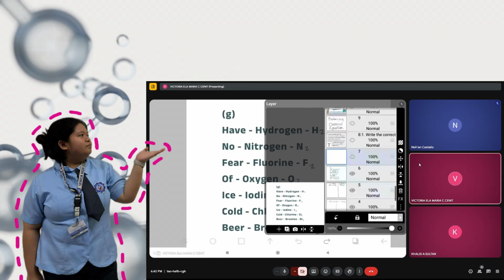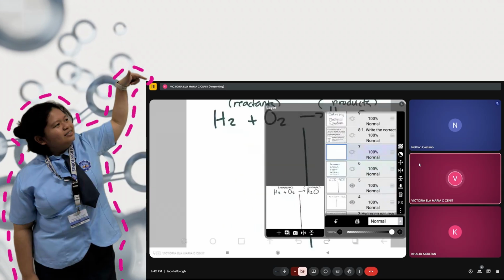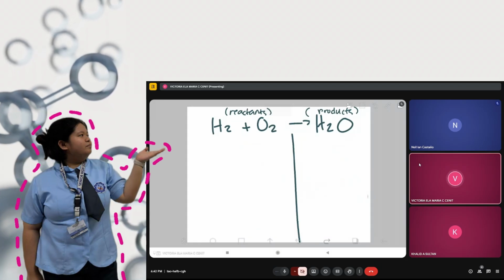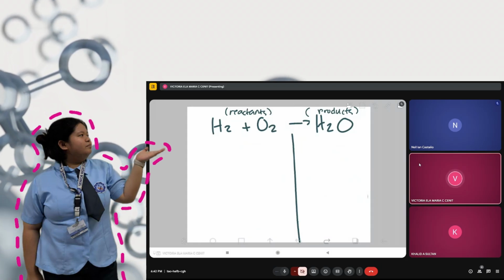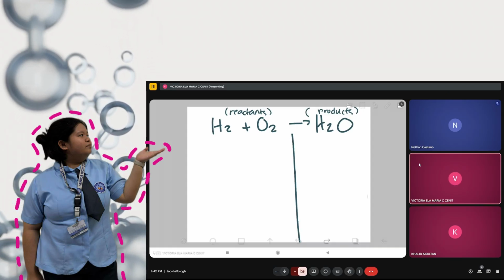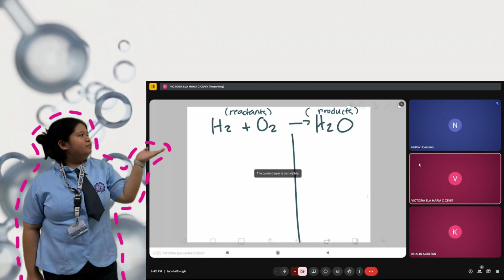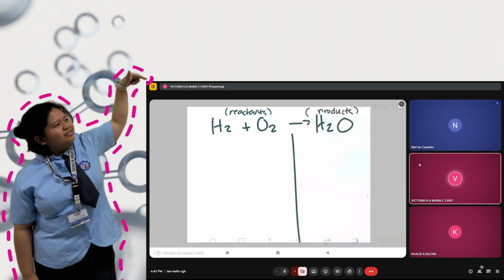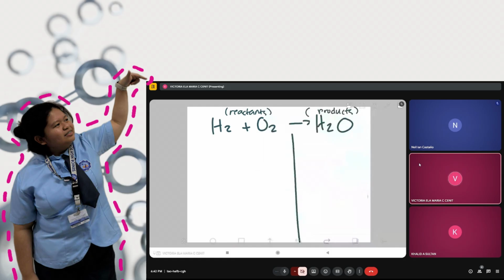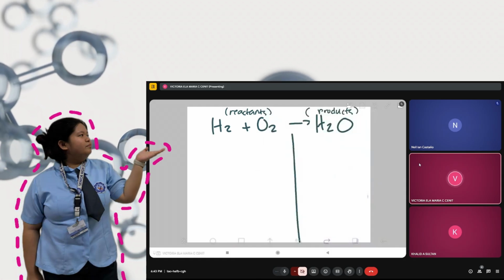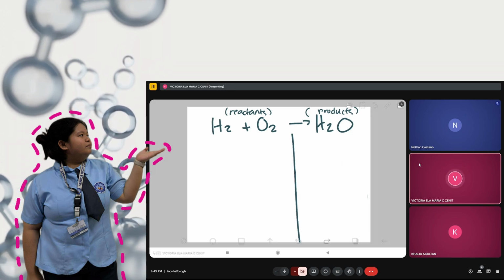Okay? So for the first example, we have hydrogen gas reacts with oxygen gas to form water, or H2O. So firstly, we have to list down the elements and how many atoms we have in each element for both reactants and products.